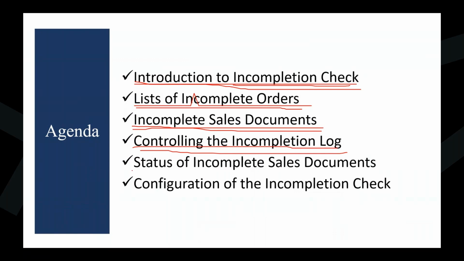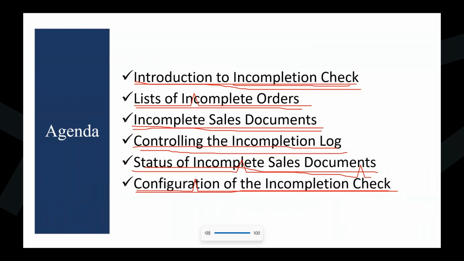Then the status of incomplete sales documents, and how it is handled in subsequent follow-up document creation. And then the configuration of the incompletion check. So these are the topics we will be covering.